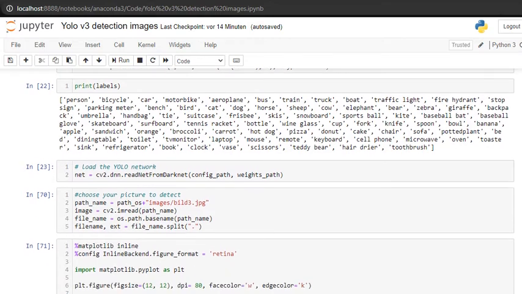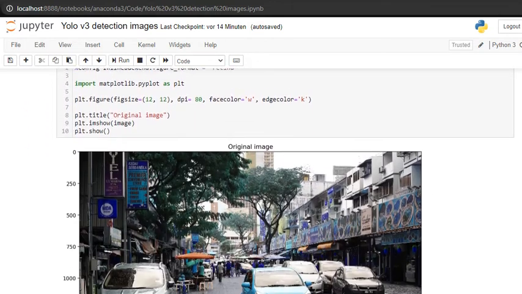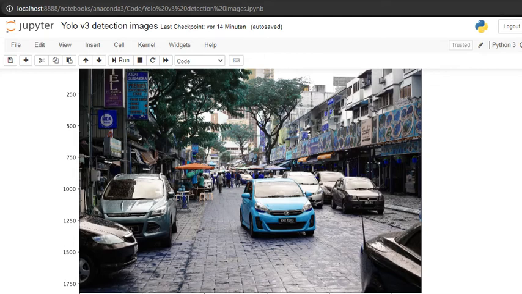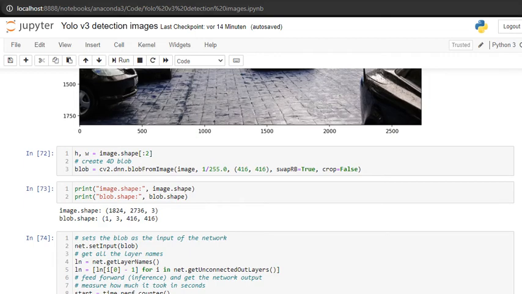Then you load the YOLO network here. Then we take just a normal picture. You can see here some street, probably in Asia, where you have some cars, you have some people walking in the streets, and then you try to predict what the algorithm will see here in this picture. That's why we are shaping the picture here.